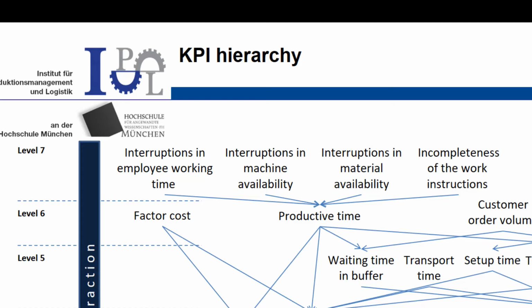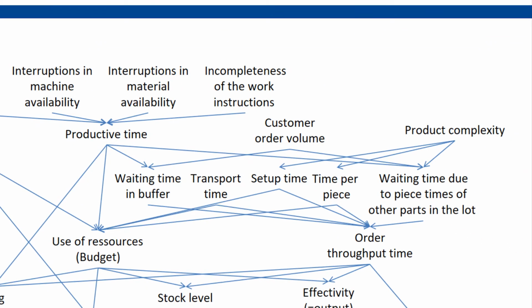So in the end, we have different factor costs and of course the number of customer orders which can be produced differs. The product complexity of course has a great impact on our result. If you have lower complexity, it's much easier, we can do a better quality and more products in time.